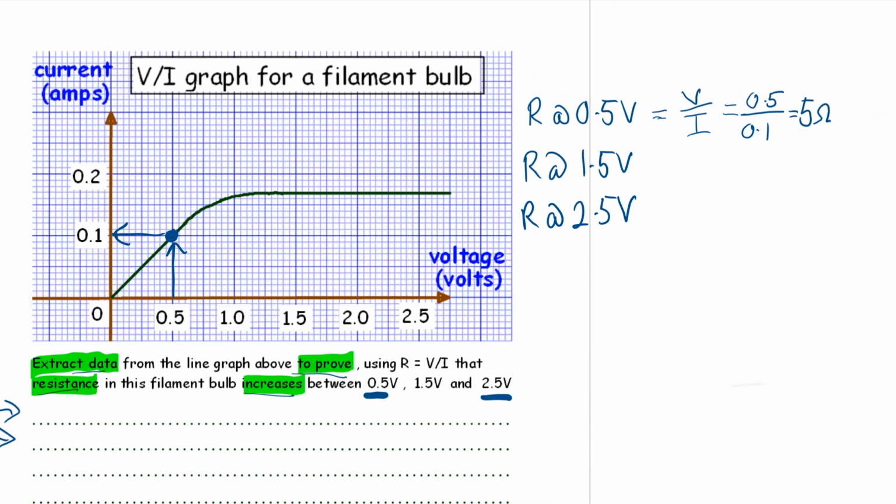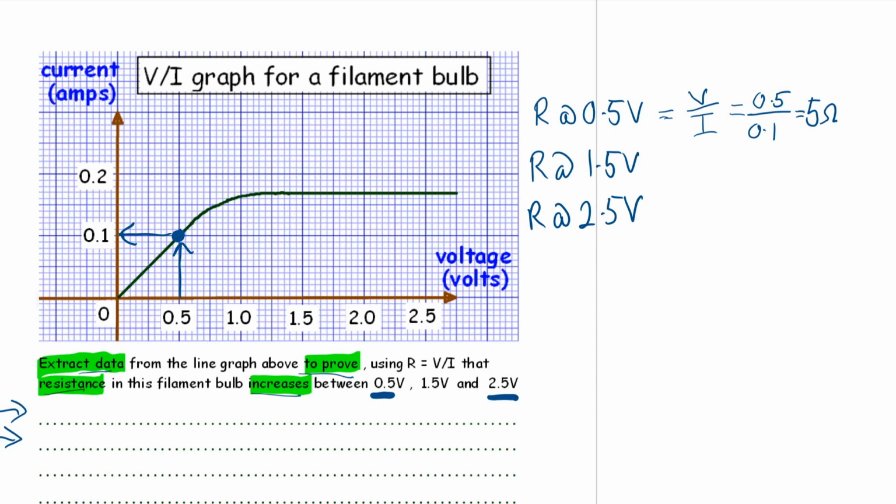So what we should find now is that when we work out the resistance here and here for 1.5 and 2.5, the resistance would have increased from 5 ohms. I'll just do 2.5, and then I'll leave the rest of the question for yourselves to complete.